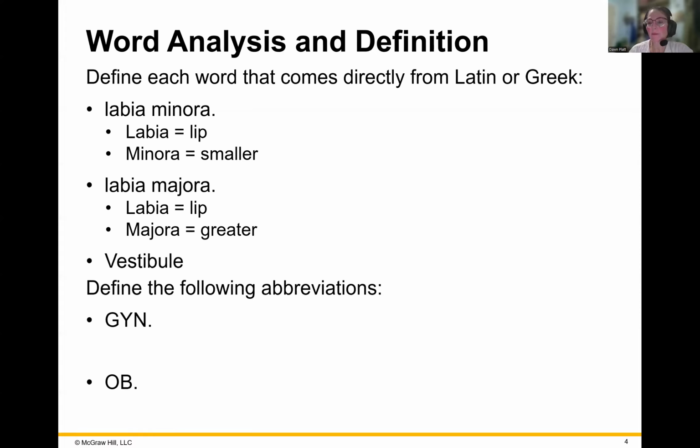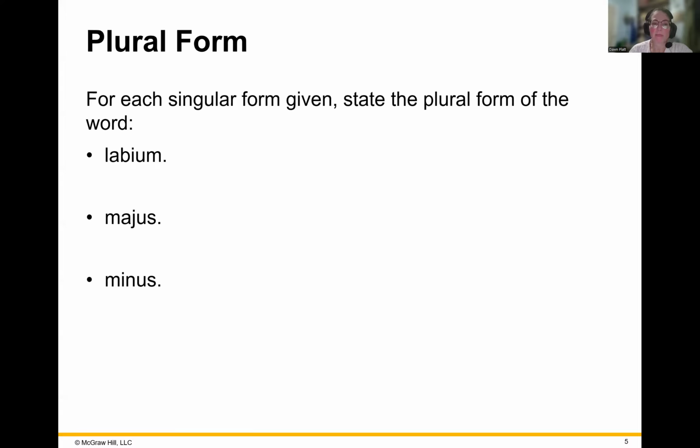Many times you see a common abbreviation which combines OB and G, and they refer to it as OBGYN. GYN means gynecology, and OB means obstetrics. Gynecology is the study of women, and obstetrics has to do with the reproductive system. Now we've got singular and plural forms of terms: labium and labia, majus and majora, minus and minora.